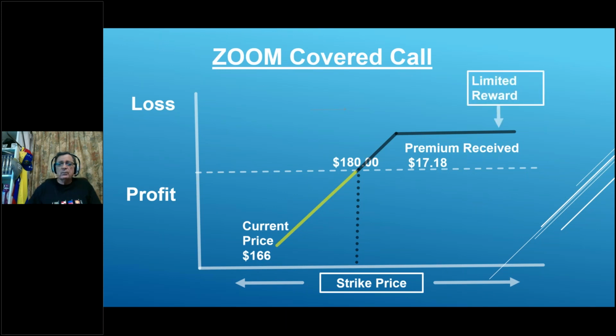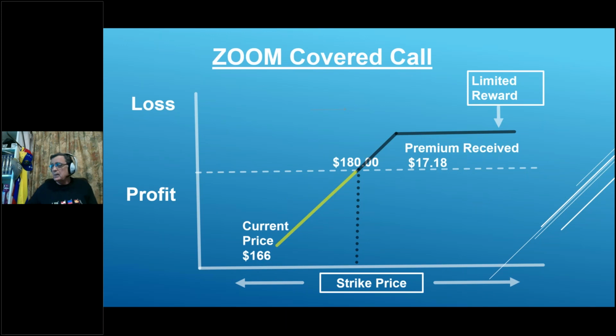The other thing is I've limited my reward on the price of the stock. If it hits 180, I'm out. That's it. I'm done. I have to give it to you. If it doesn't hit 180, I'm still going to keep the $17.18.